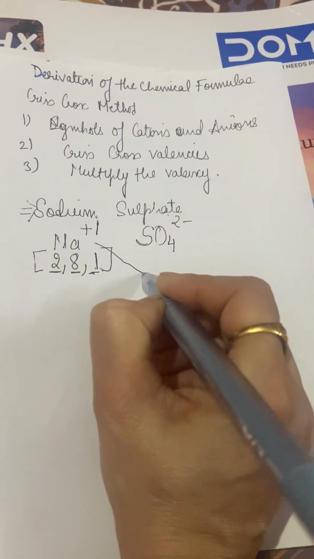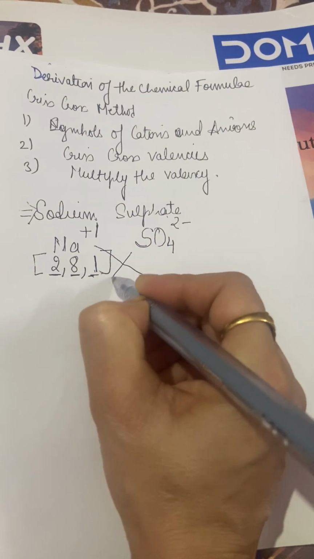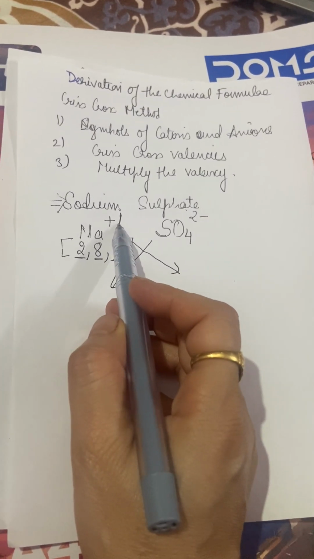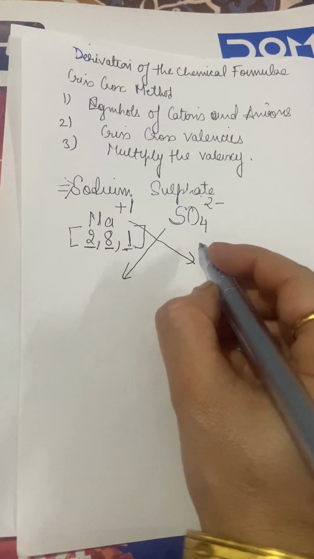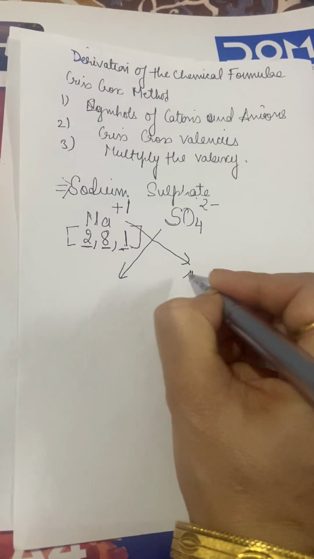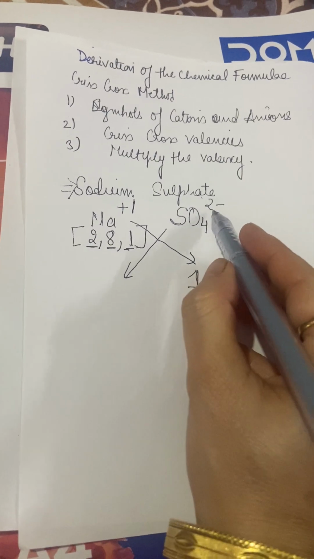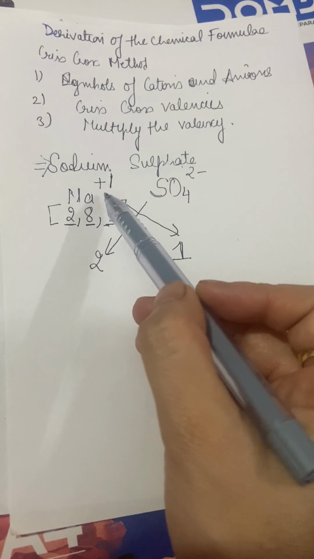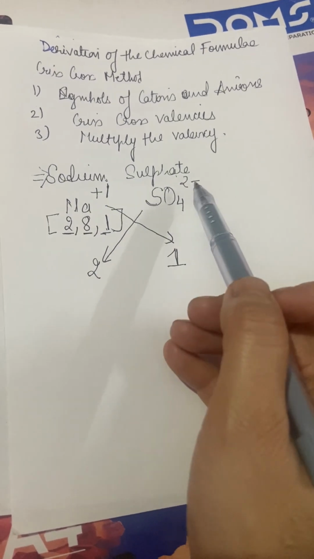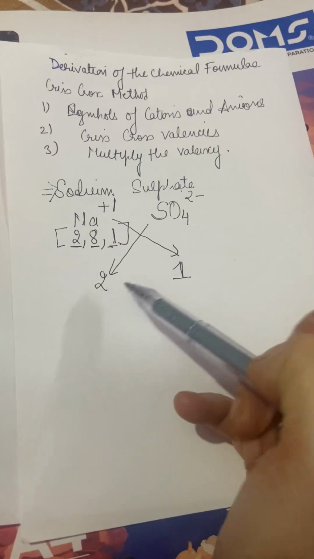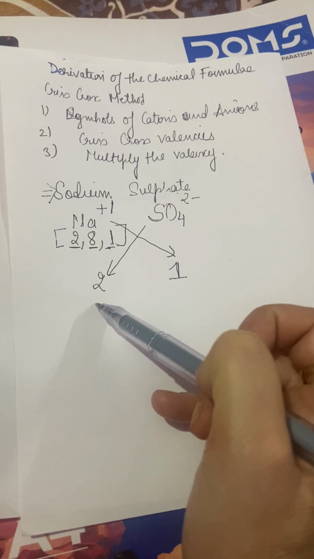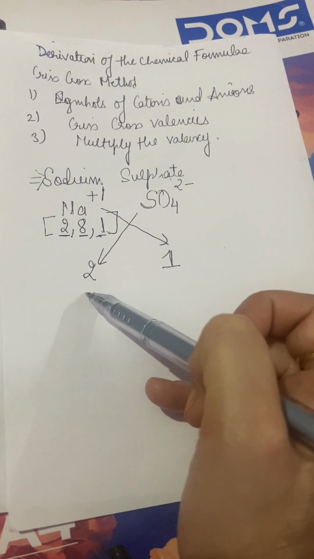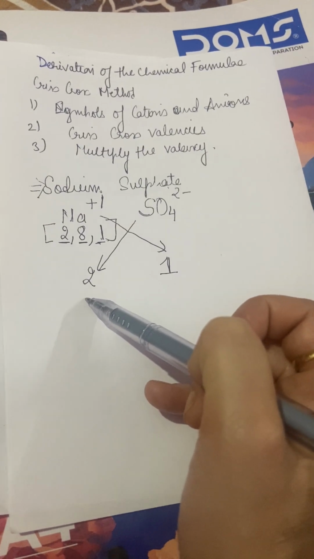The second step is to crisscross these valencies to the atom. Sodium has the valency of 1, so it will be shifted to the anion, and the 2 negative valency will go to the cation. But note that the signs with the valencies will not be put when the valencies are exchanged, because the formula cannot be formed based on plus or minus signs.